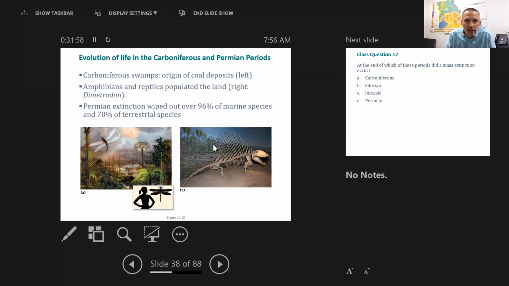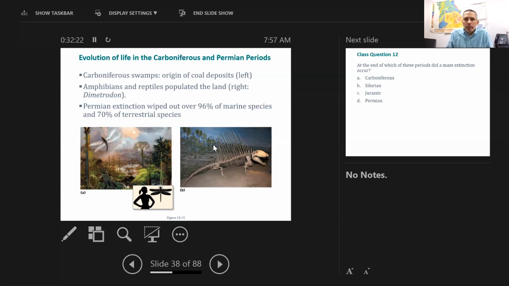On the right there, this earliest reptile actually laid eggs on land and lived its life on land, as opposed to some amphibians, which also would have been occurring in this Carboniferous and Permian time period.